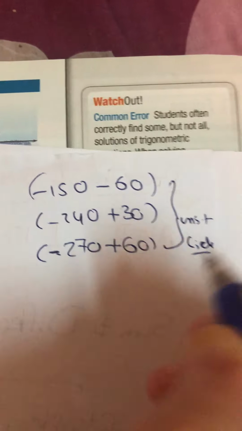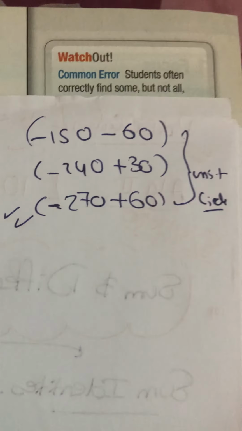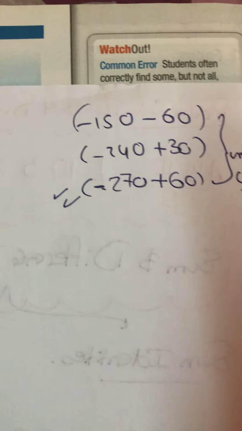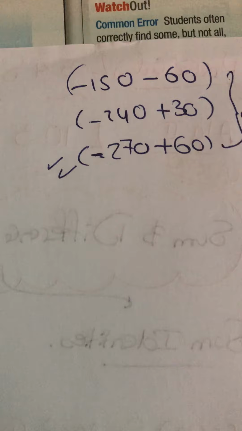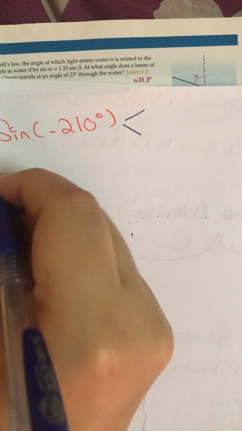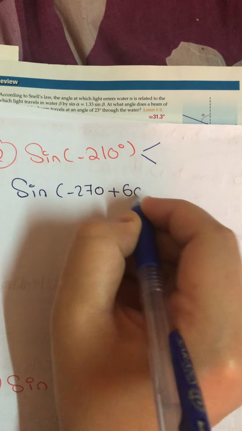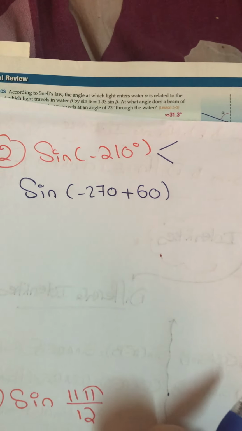I'm not going to go find angles that I don't know their values. I'm going to go with this one. Again, it's your choice. If you have a million options, whatever you see, what matters is their sum is negative 210. So, if I choose to change this to sine of negative 270 plus 60, for example.